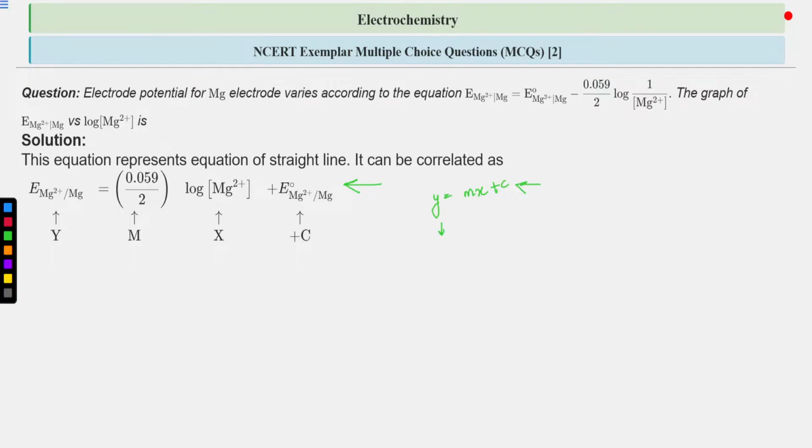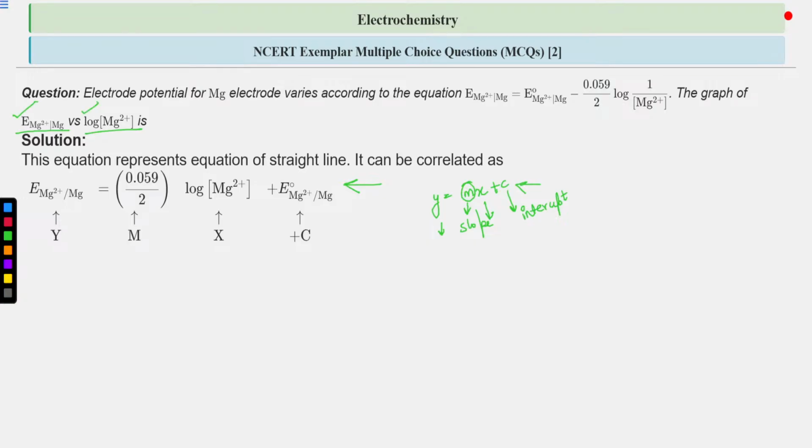y represents the coordinates of the y-axis. x represents the values or coordinates on the x-axis. m represents the slope of the line, and c represents the intercept of the line. Because we have to make the graph between the electrode potential versus the log of magnesium 2 positive, this is our y and this is our x.